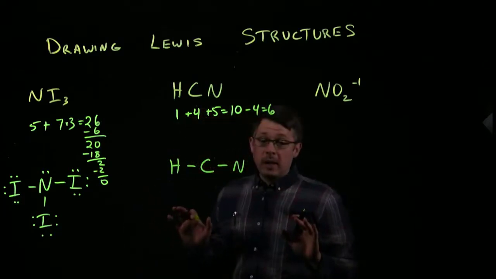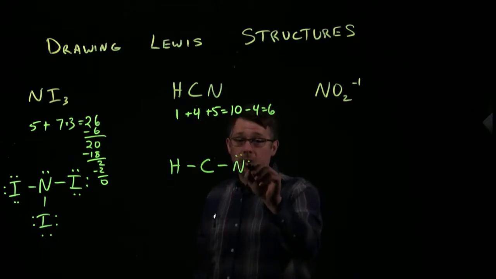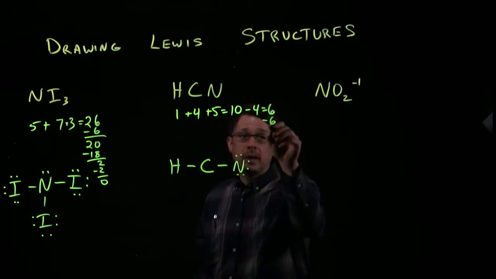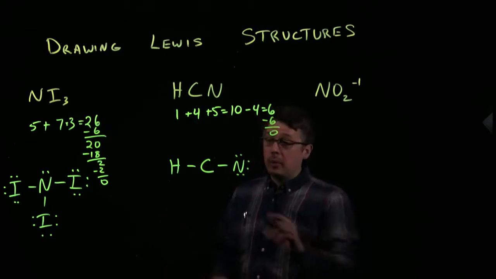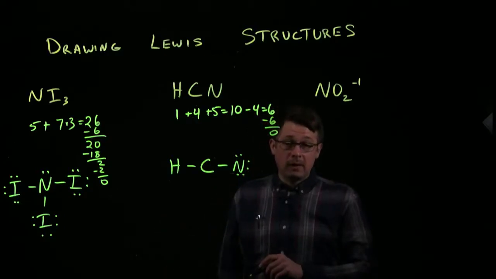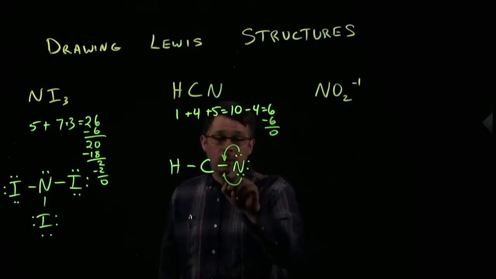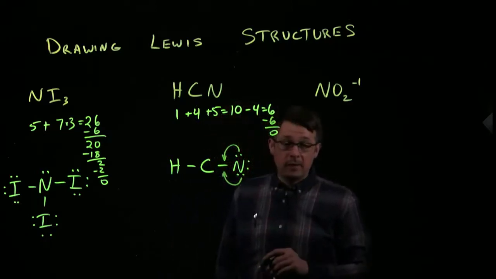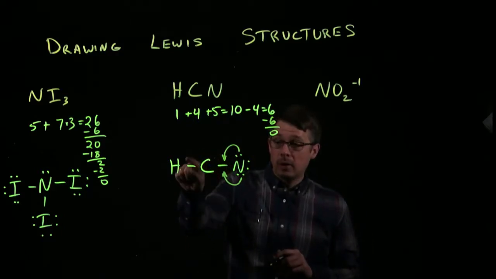This is where we have to be careful and follow our rules. The next step is to fill in the octet of the terminal atoms. Might not feel right, but that's the right thing to do. We're out of electrons, but we know our central atom doesn't have an octet yet, so what we're going to do is bring in electrons from the terminal atoms until that has an octet. The reason I brought 2 sets in is because that carbon only has 4 electrons around it.